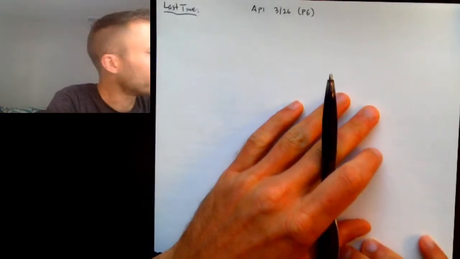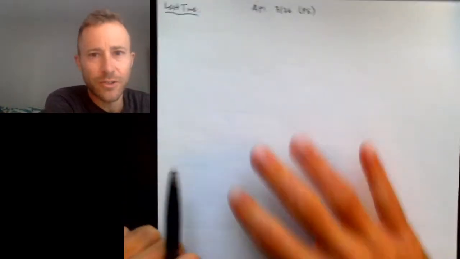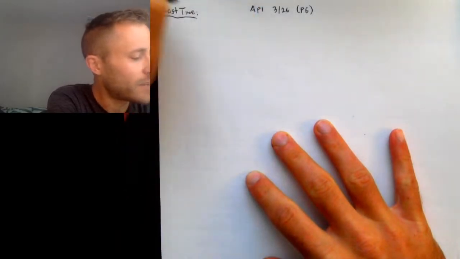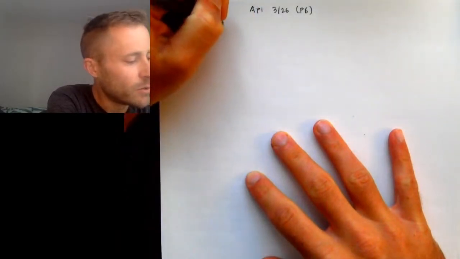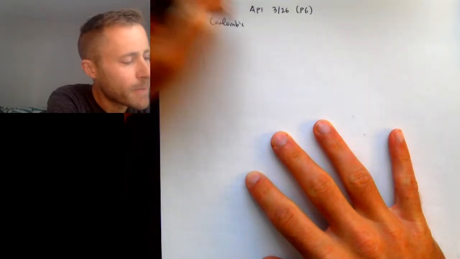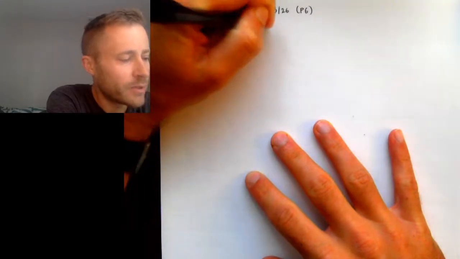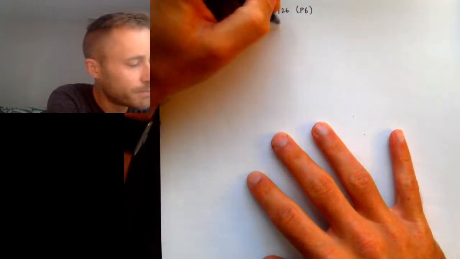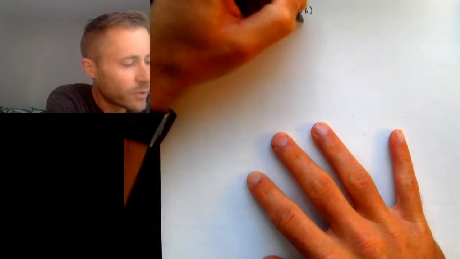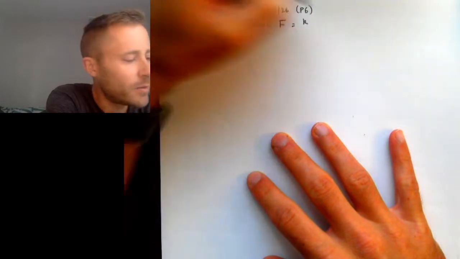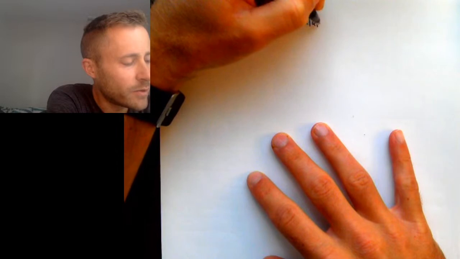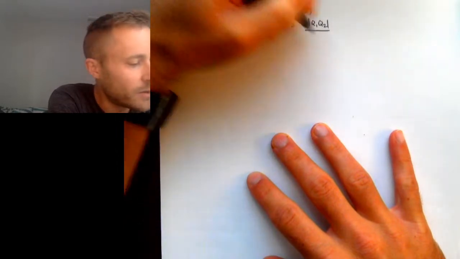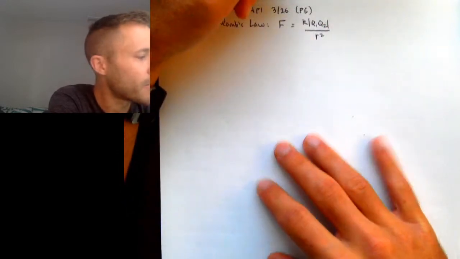So, first thing I want to do is talk about last time. What we discussed last time was Coulomb's Law, which is the law that tells you the force between charges. That force is k times the absolute value of Q1 times Q2 divided by the distance between them squared.